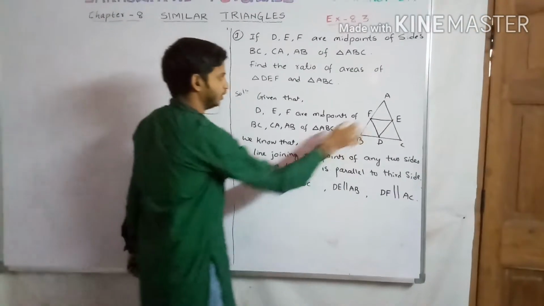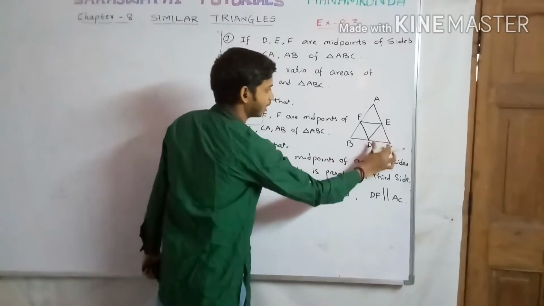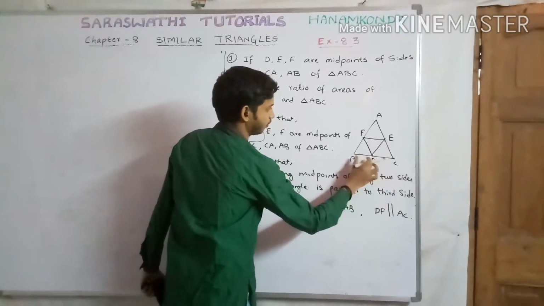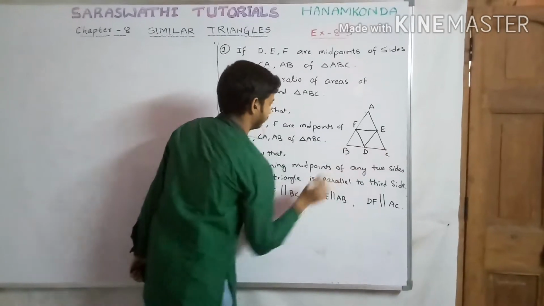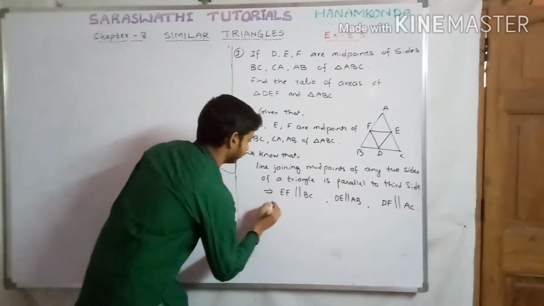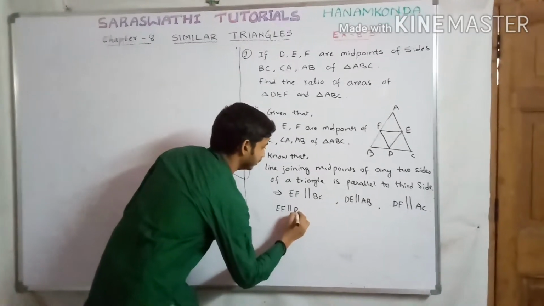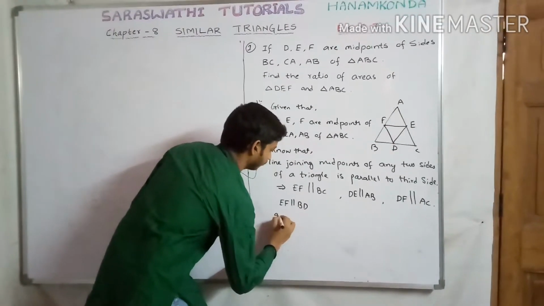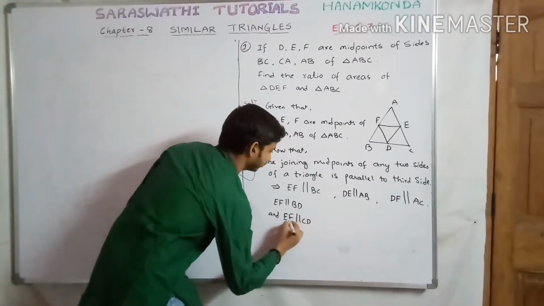So EF is parallel to BC, that means EF is parallel to BD and EF is parallel to CD. Why? Because BD and CD both are on the line BC. So we can write this as EF is parallel to BD and EF is parallel to CD.